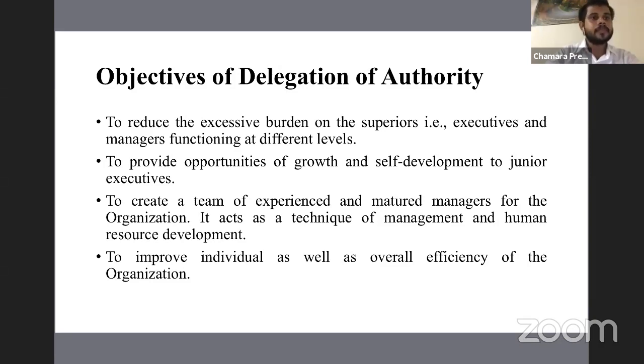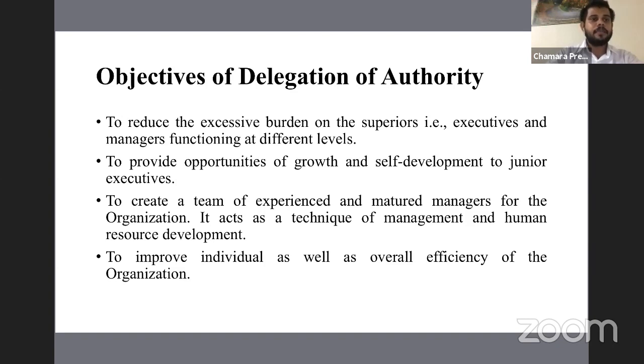Also, when managers do all these tasks alone and do not give authority to somebody else, those people will not grow, right? If they want an opportunity to grow themselves, they should be given some responsibilities and authorities. So they have to work on these aspects as well.